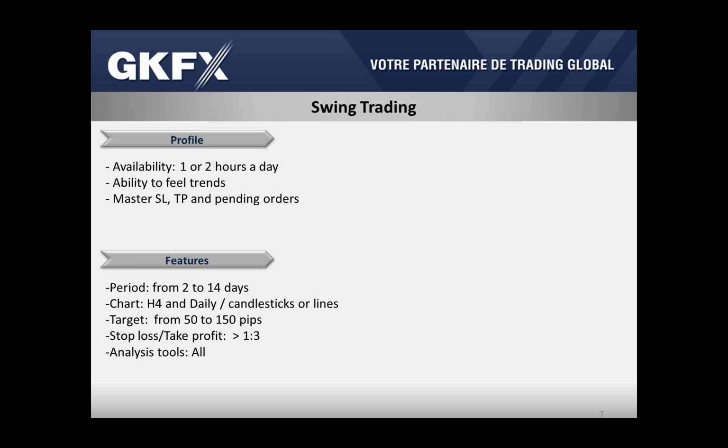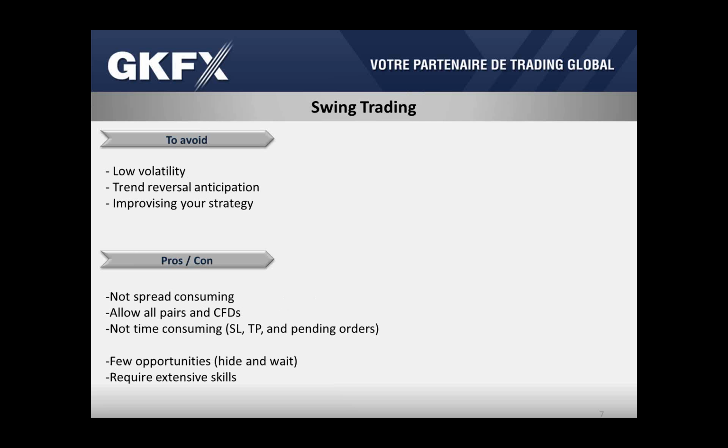And what about the analyze tools? So, you know, for swing trading, you have to master all analyze tools. Can be major supports, resistances, oscillators, moving average, even Ichimoku. Ichimoku is a very interesting analyze tool if you are trading on trends.